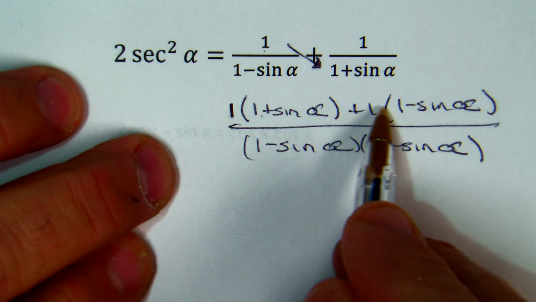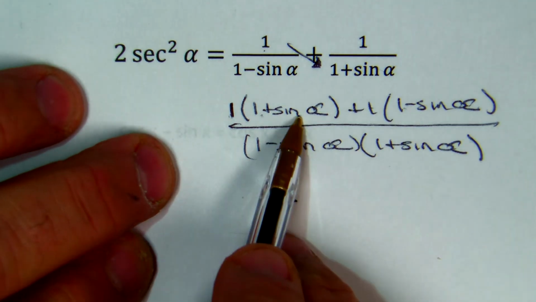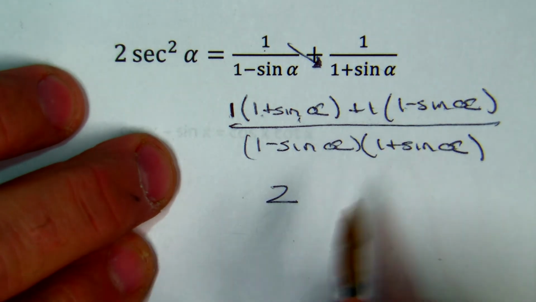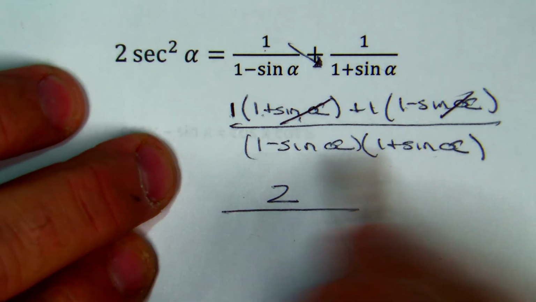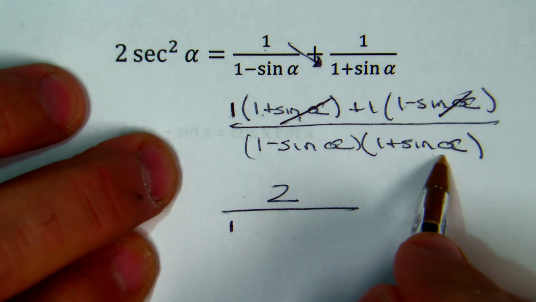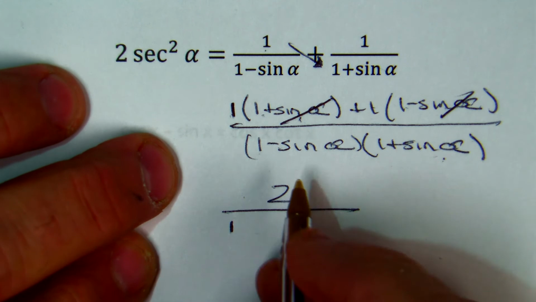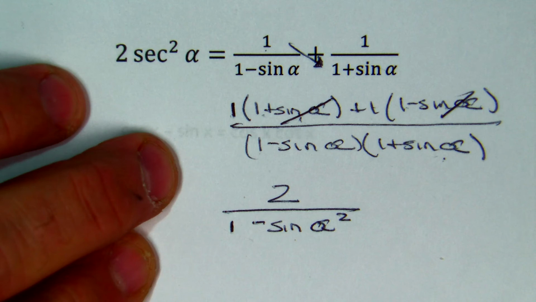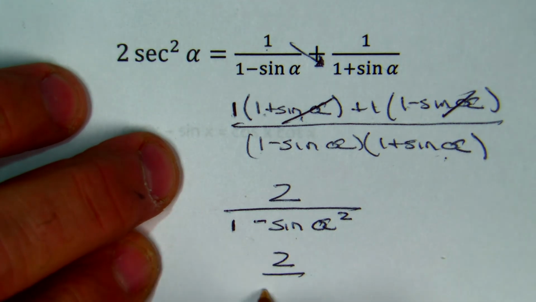1 times 1 is 1, 1 times 1 is 1, 1 plus 1 is 2. 1 times sine alpha is positive sine alpha, 1 times negative sine alpha is negative sine alpha. Sine alpha plus negative sine alpha cancels out. When I multiply those through on the bottom, 1 times 1 is 1, 1 times sine alpha is positive sine alpha, negative times 1 is negative sine alpha, they cancel out, just like they do on the top, and I end up with 1 minus sine alpha squared, or 1 minus sine squared alpha. 1 minus sine squared is equivalent to cosine squared by Pythagorean identities.